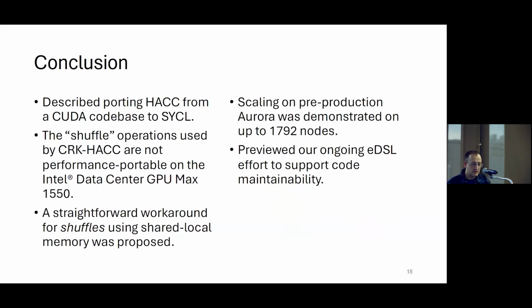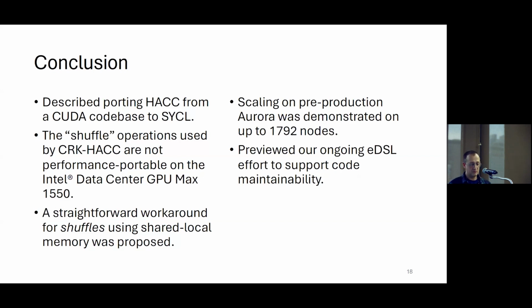So in conclusion, we described porting HACC from CUDA to SYCL using Cyclomatic and some Clang tooling. We saw that shuffle operations were performance portable on the Intel GPU.